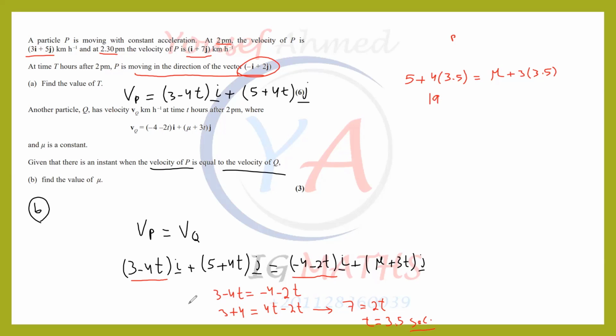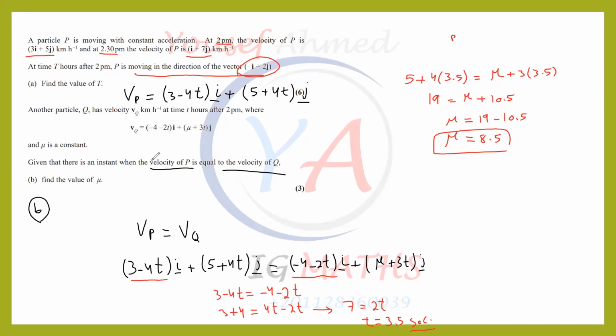So it will be here 19 is equal to mu, and 3 multiplied by 3.5 is equal to 10.5. So mu is equal to 19 minus 10.5, which is equal to 8.5, and this is the value of constant mu. It has no unit because it's a constant. This is regarding point B.